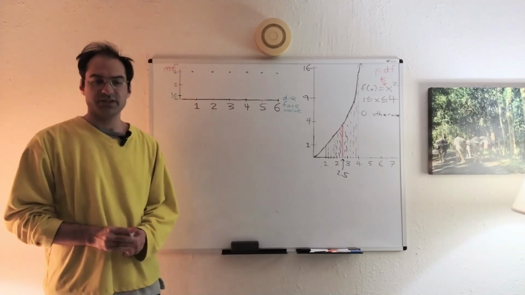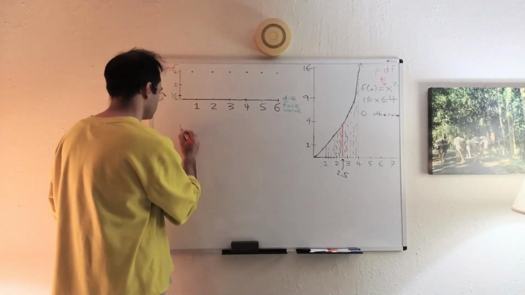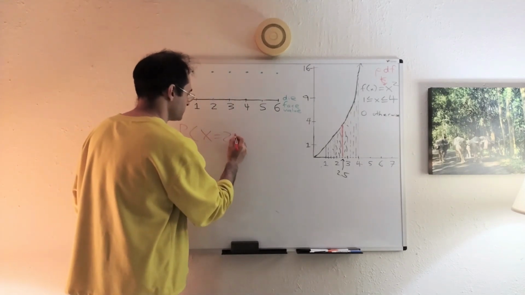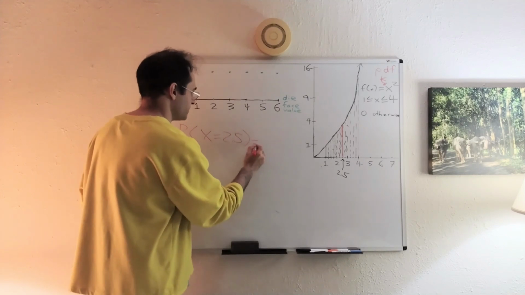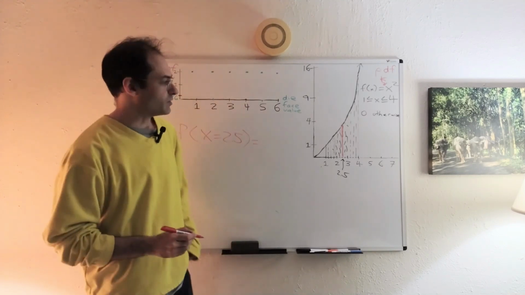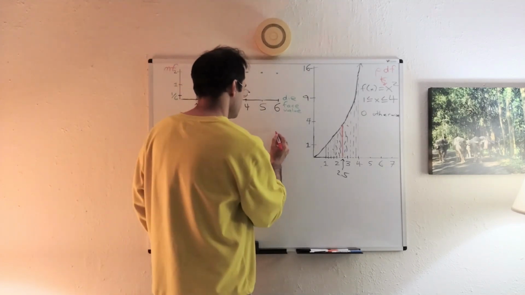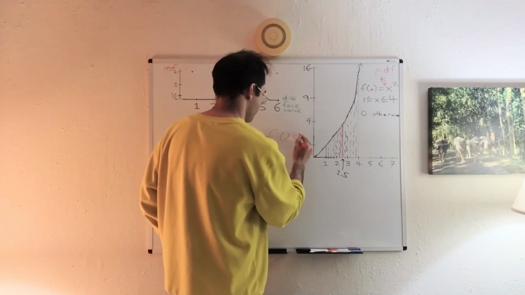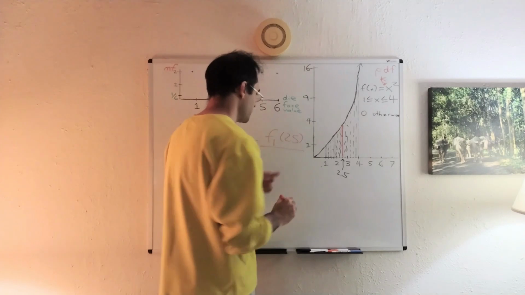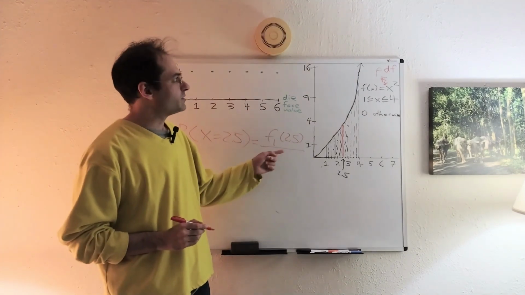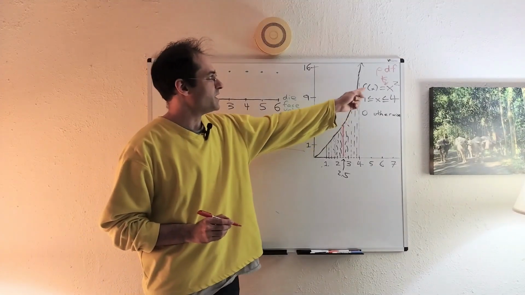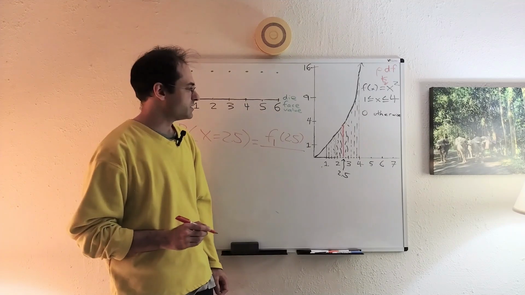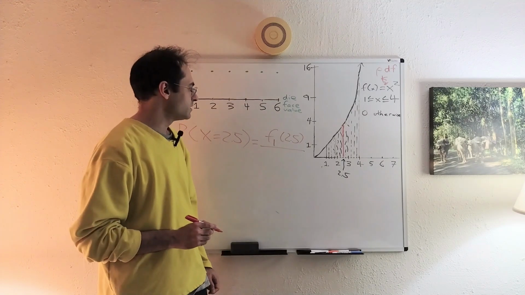So the probability that the random variable x takes on 2.5 is just the function I'm calling f1, and I'm letting that be k times x squared. So that is a true probability density.